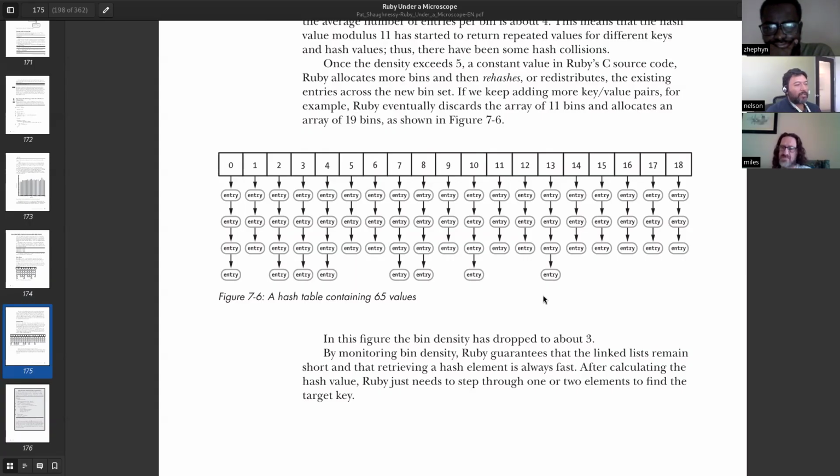So it's just going to keep stepping up by powers of two. I would assume that it would take more time to recalculate the exact number of bins that you want to make everything equal one. That would take longer to figure out than it would to just always go up by a power of two.